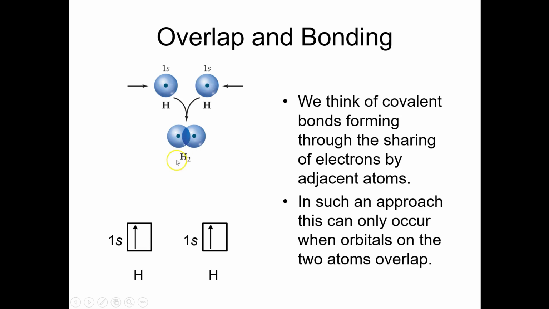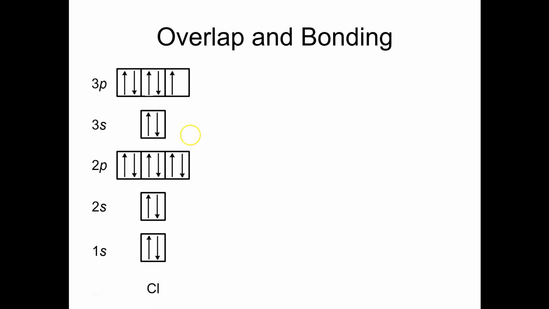And we can think about this in terms of one hydrogen atom having a 1s orbital that's only half occupied, and the other hydrogen atom having a 1s orbital that's only half occupied. And so two half occupied orbitals can overlap, and that will give us a shared electron pair.